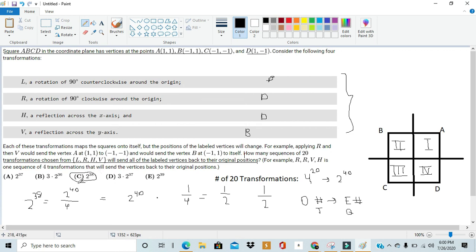So this problem wasn't that hard. We just had to get a visual on it and then connect the quadrant vertices to the number quadrant it is in. We also had to understand how each of these transformations would affect each of these vertices and the total number of transformations there could possibly be. But this is a number 23.